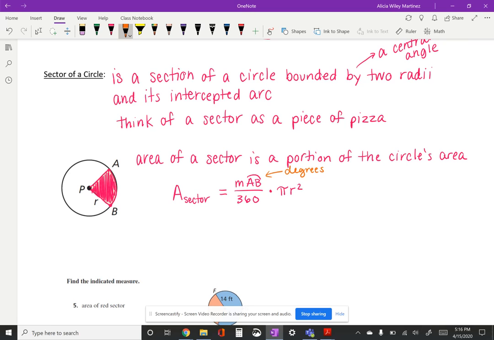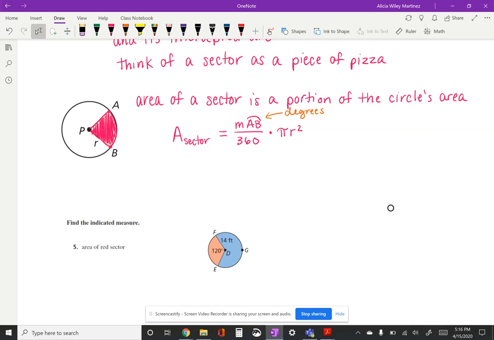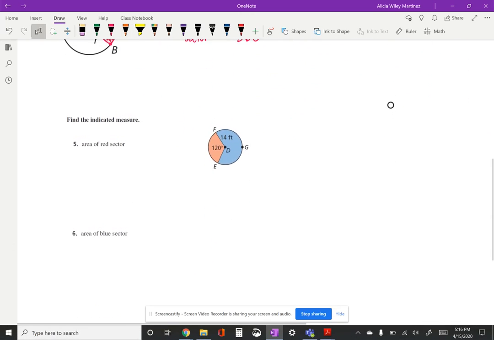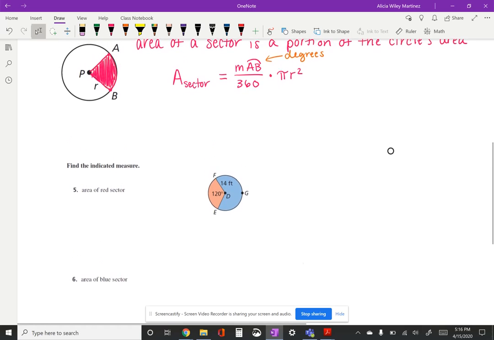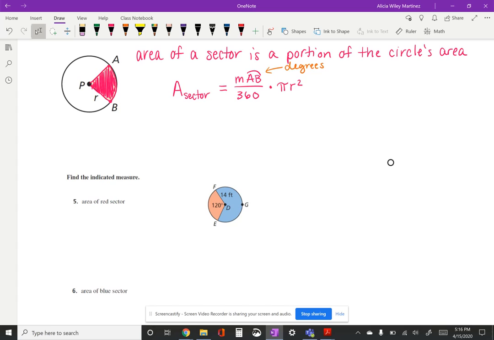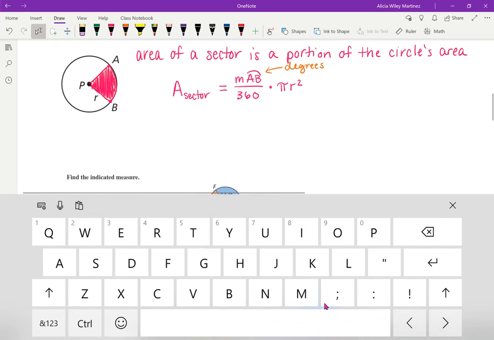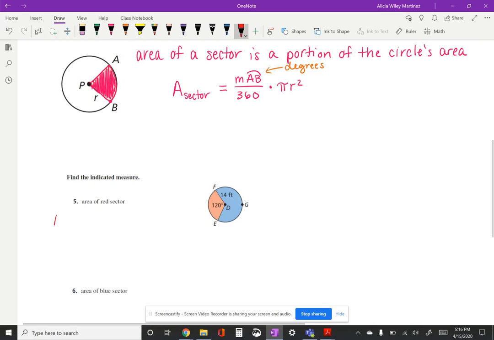Okay, so let's go ahead and do an example. We're going to find the area of the red sector and the area of the blue sector. So within one circle, there can be more than one sector. Let's start with the red one. It almost looks orange, but it says it's red. Let's find the area of it. The area of a sector, so I'll just put A for area, is equal to the measure of the arc.